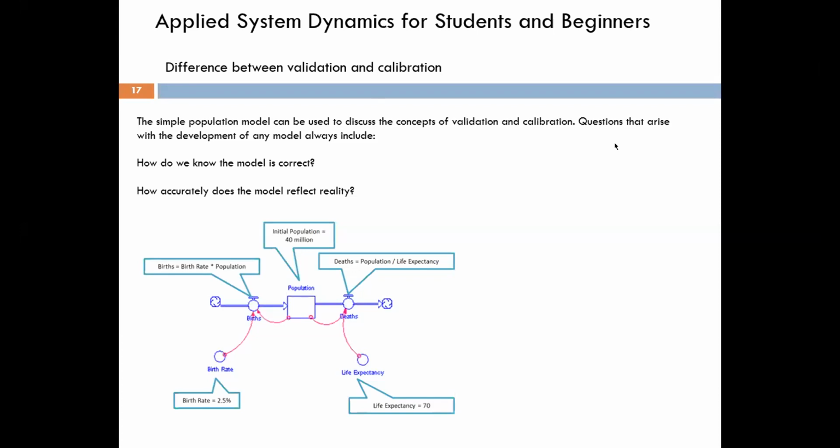But basically, the question that arises to me is that the only fun models are the ones where the results are counterintuitive. If I expect a certain outcome and something different happens, it intrigues me, because the question then becomes is, do we know if this model is correct, or is this result just bad coding? And does this model really accurately reflect what's going to happen in the future? And this is where validation and calibration for me is critical. Nalini, if you can go to the next slide, please.